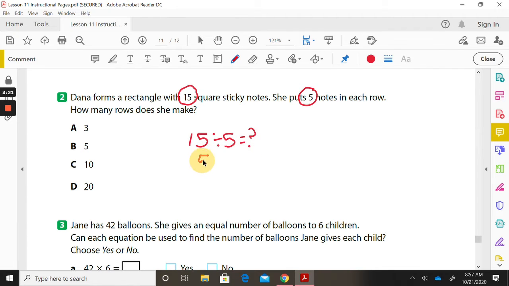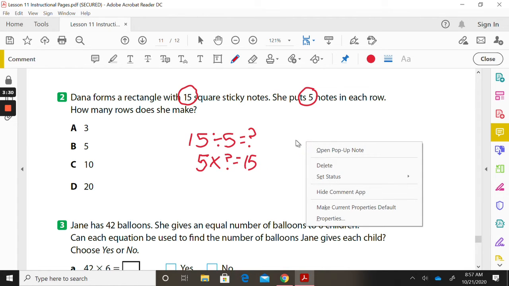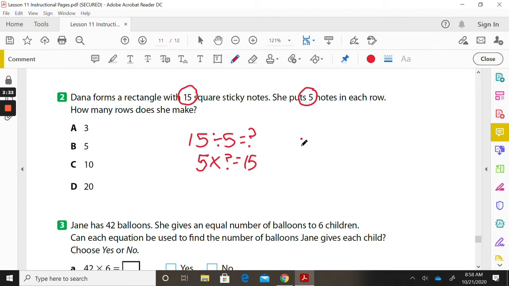Or we can think to ourselves, 5 times the unknown will give us 15. Now in this case, I'm going to make an array. So I'm going to put 5 notes in a row. 1, 2, 3, 4, 5, 6, 7, 8, 9, 10, 11, 12, 13, 14, 15. I can see that I have made 3 rows.